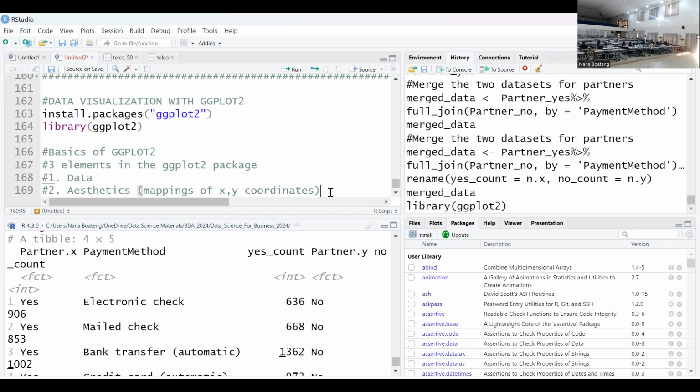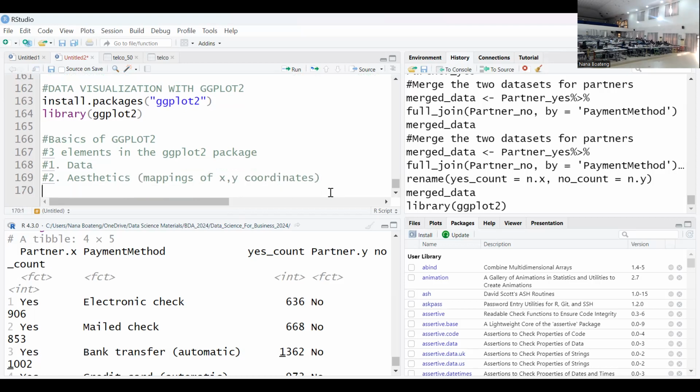And then we have the geoms, or the geometries. So these are the three basic elements of the ggplot package: the data, aesthetics, and geometries.